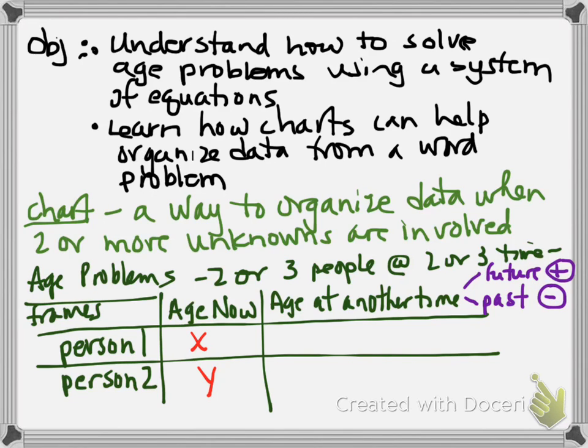Okay, so let's try one of these. Unfortunately, you do have to write it down. First problem, the directions are just going to ask us to solve. And we have Carol is twice Linda's age.